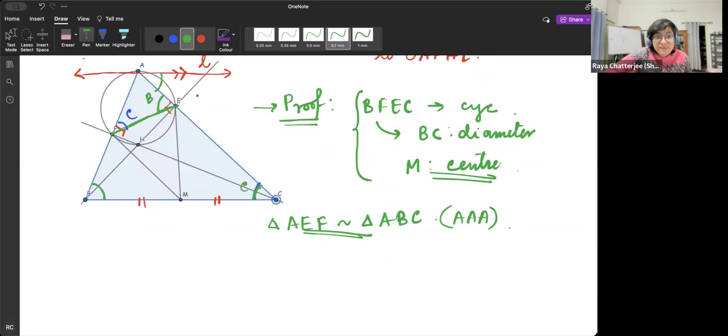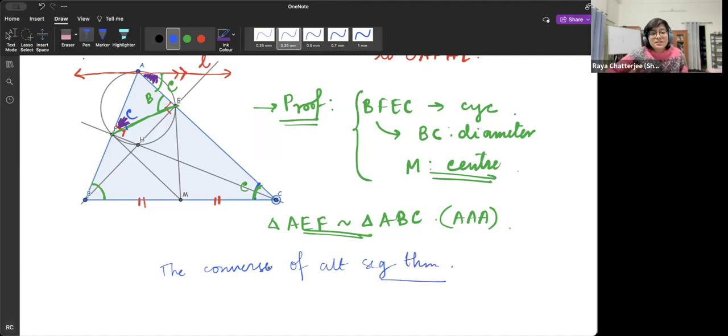So this is just C. This is also going to be C. So since the angle between L and AE equals this angle, I can use the converse of the alternate segment theorem.